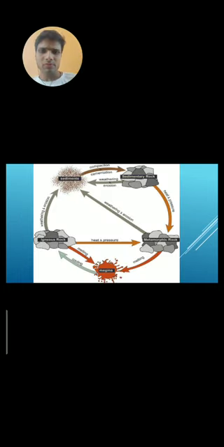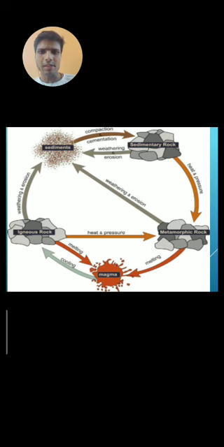So if you see here, now let us go through a pictorial representation. First magma is cooling and turning into igneous rock. Igneous rock is undergoing weathering and erosion, turning into sedimentary rock, and then the sedimentary rock and igneous rock both turn into metamorphic rock, and metamorphic rock turns again into magma or lava.